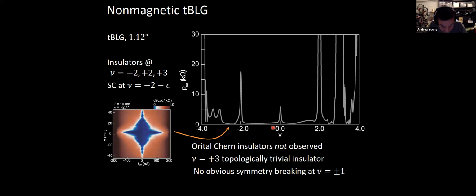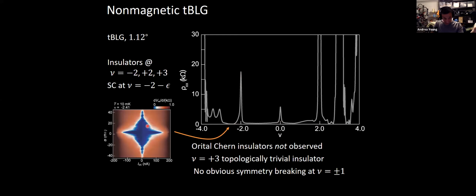There's another fact which I've always found weird in this system since the very first measurements. Here I'm showing you a typical, more updated sample, so it's very clean, a typical twisted bilayer sample, meaning resistive state at nu equals -2, +2, +3, peak at charge neutrality, superconductivity.